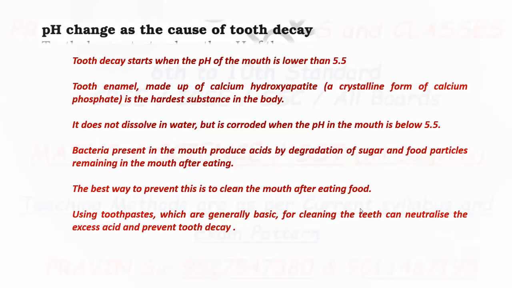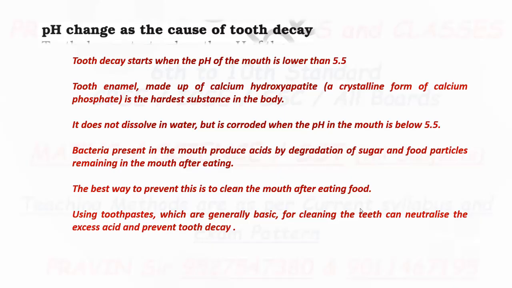and tooth decay occurs. To prevent this, the best way is to clean the mouth after eating food. Using toothpastes, which are generally basic in nature, for cleaning the teeth can neutralize the excess acid and prevent tooth decay.